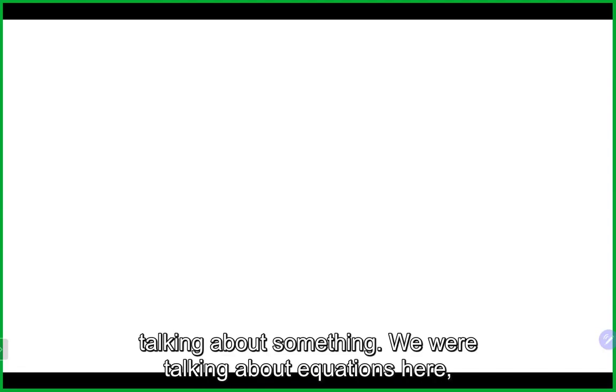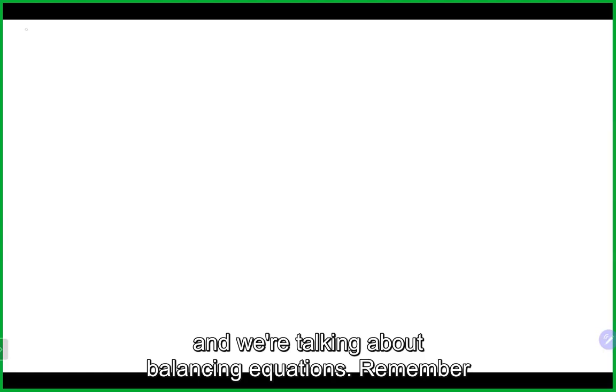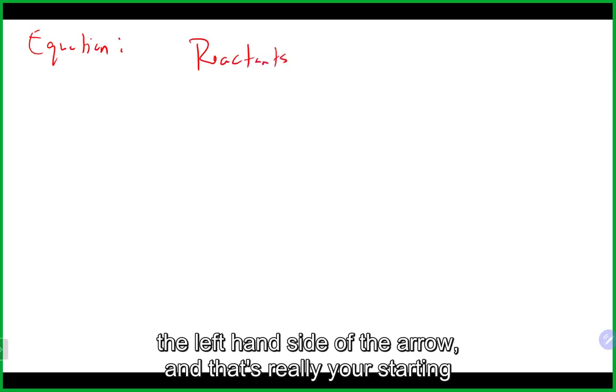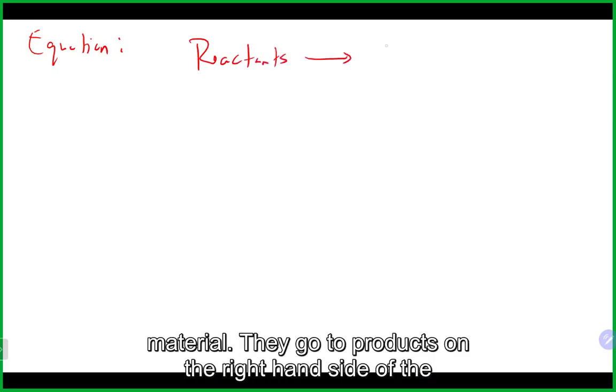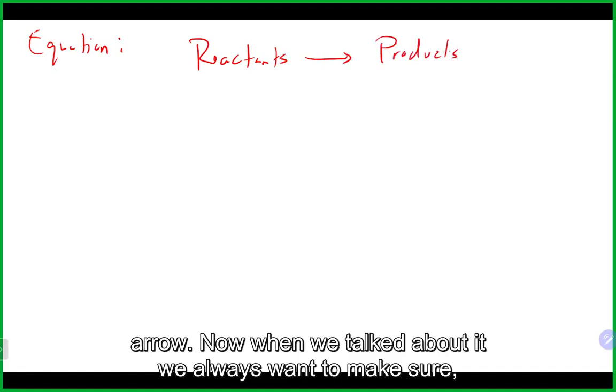Okay. All right. So we were talking about equations, and we were talking about balancing equations. Remember that when we have a chemical equation, we have reactants on the left-hand side of the arrow, and that's really your starting material. They go to products on the right-hand side of the arrow.